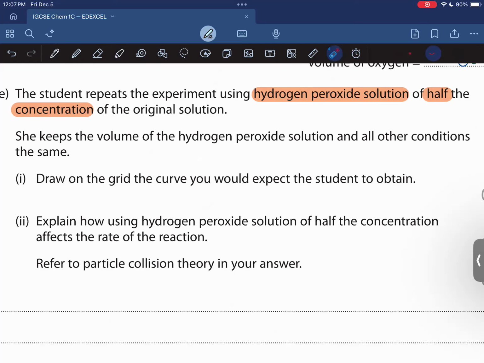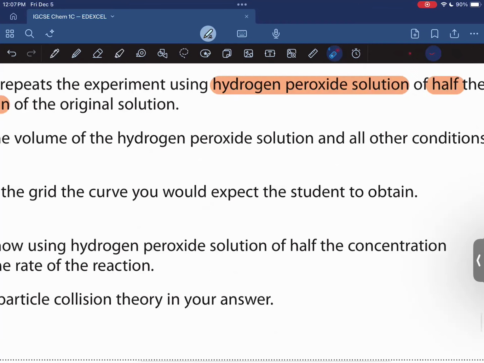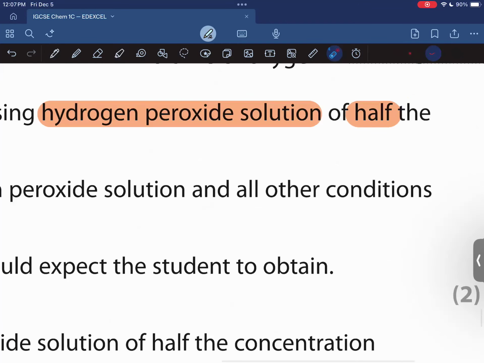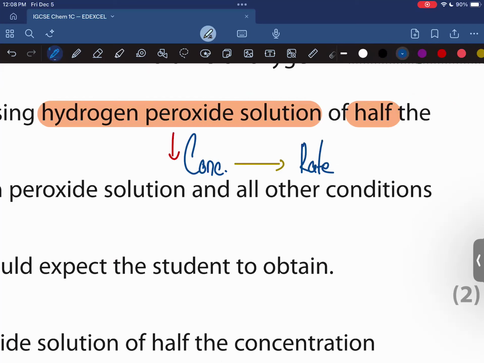Now, since you are decreasing the concentration, the rate is obviously going to decrease as well.